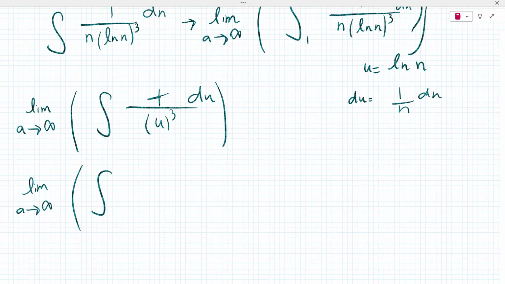But because we did a u substitution, you can change your boundaries. You have 1 over u cubed du. If you plug in ln of 1, that gives you 0. And if you plug in ln of a, that's just ln of a. So your new lower boundary is 0 and your upper boundary is ln of a, right?